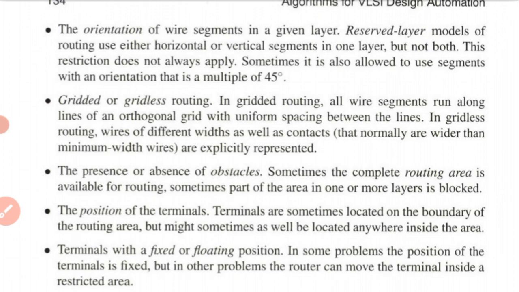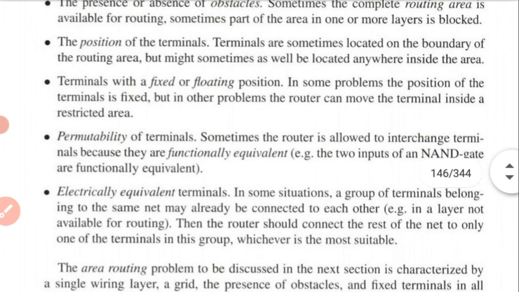If we take the printed circuit board for the first time, there will be no obstacles. Once we make a single connection, after that there will be an obstacle, that first connection. Then the position of the terminal is also an important factor.